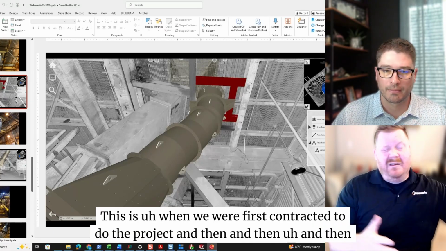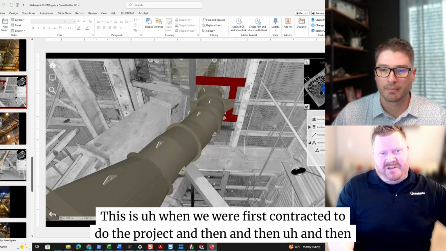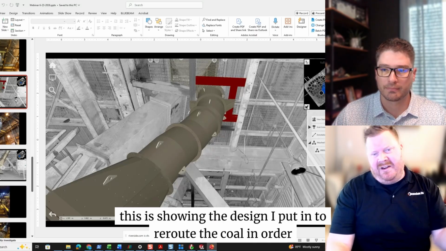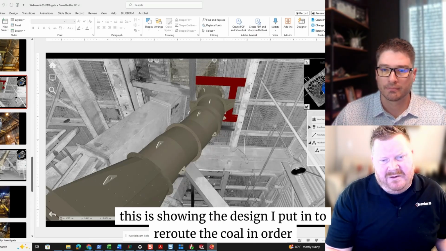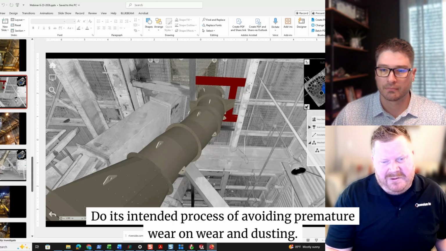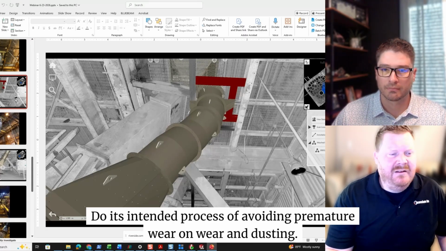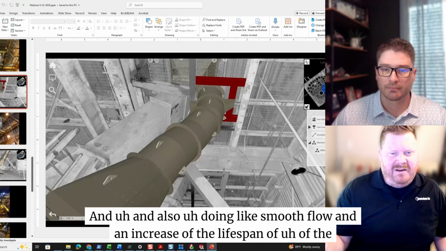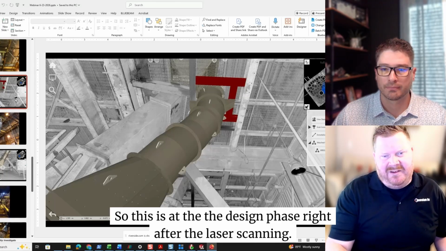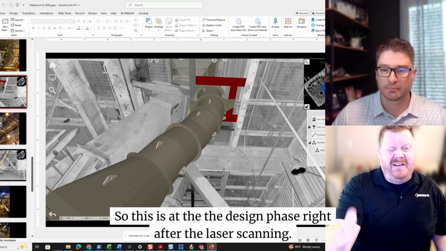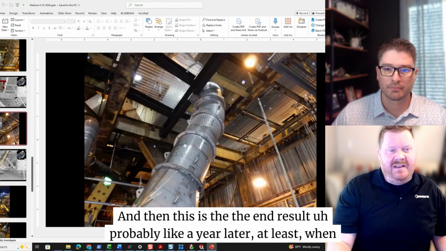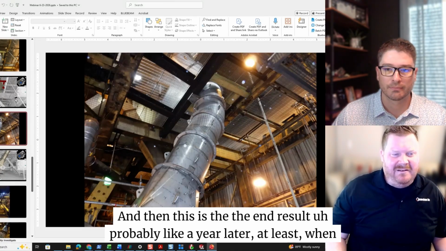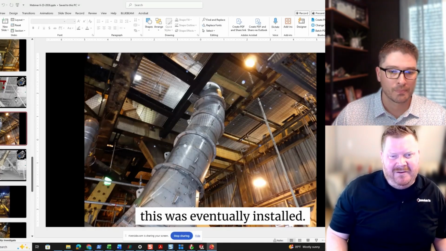This is when we were first contracted to do the project, and then this is showing the design I put in to reroute the coal in order to do its intended process of avoiding premature wear and dusting, and also doing smooth flow and increasing the lifespan of the system. So this is at the design phase right after the laser scanning, and then this is the end result, probably like a year later, at least, when this was eventually installed.